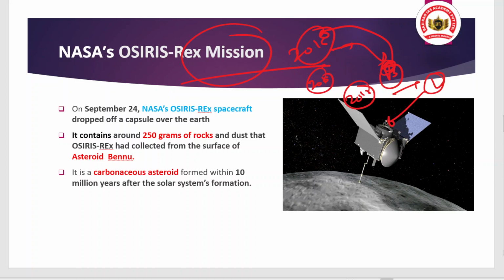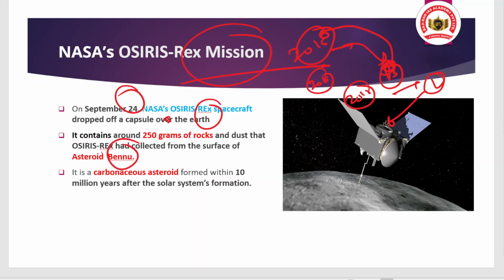And you can see that on September 24, NASA's OSIRIS-REx spacecraft dropped off a capsule over the Earth, and that capsule contained around 250 grams of rock and dust that this mission collected from the surface of asteroid Bennu.